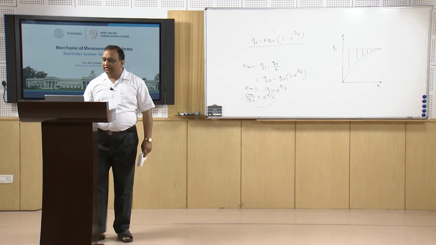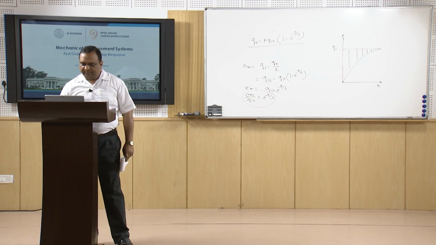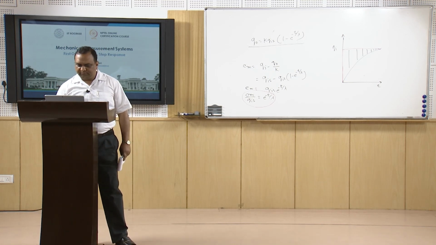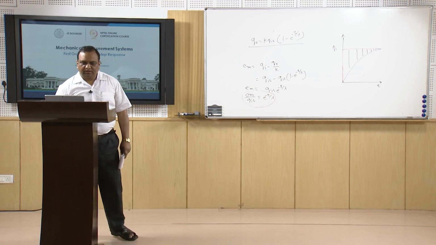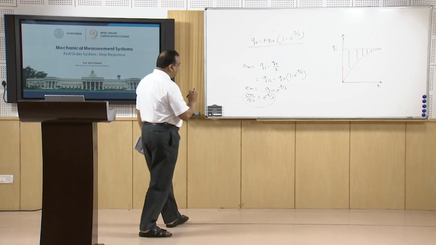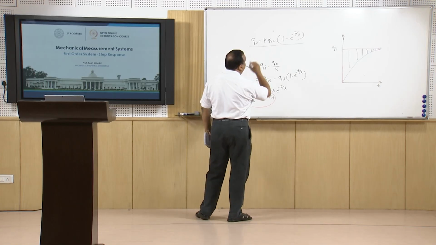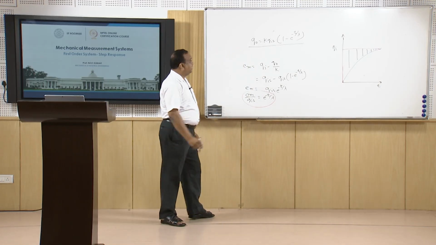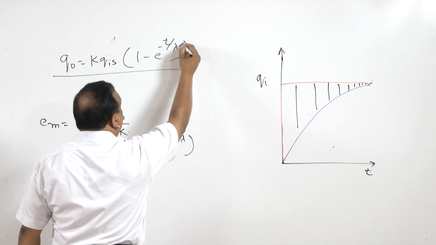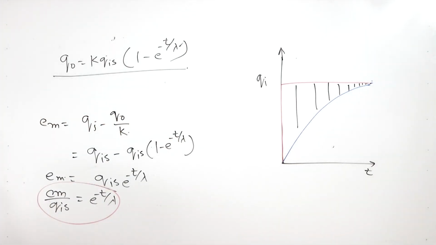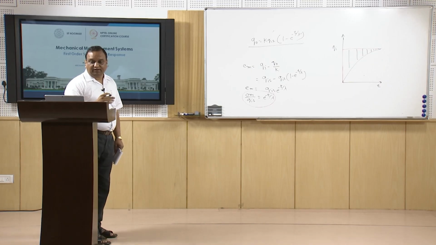Now after this, the response of the system, as we can see here, is faster when the value of lambda is small. When the value of lambda is small, the system will respond quickly, right?